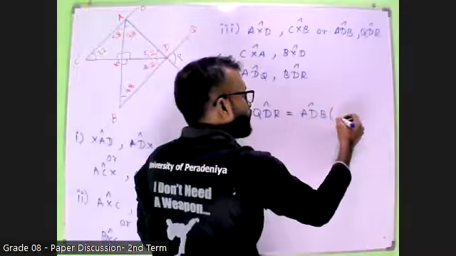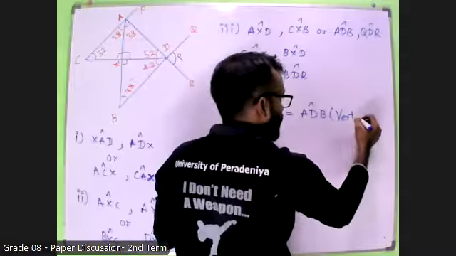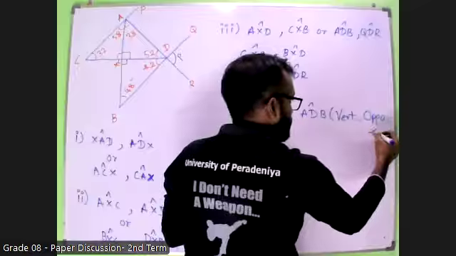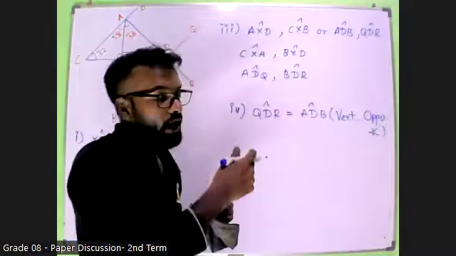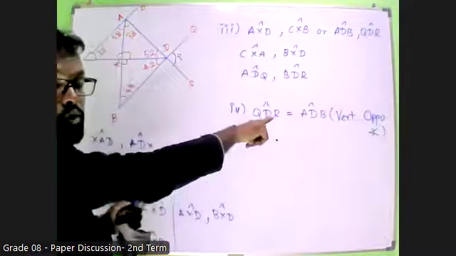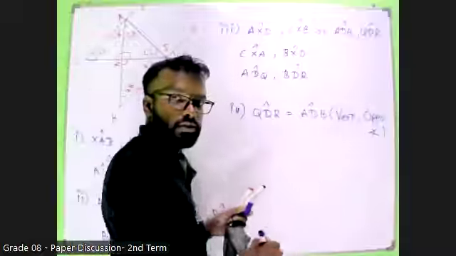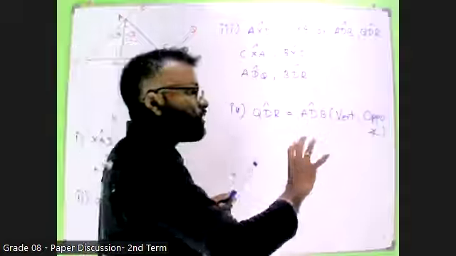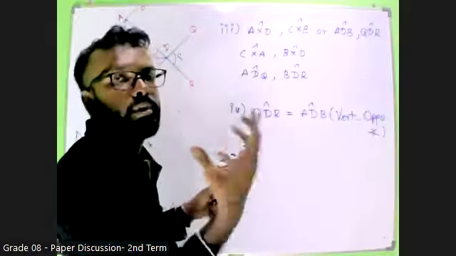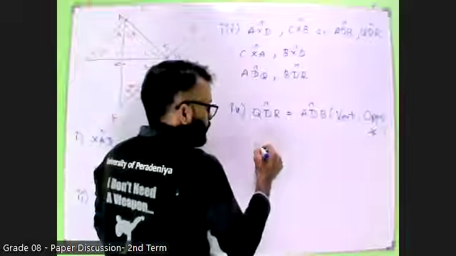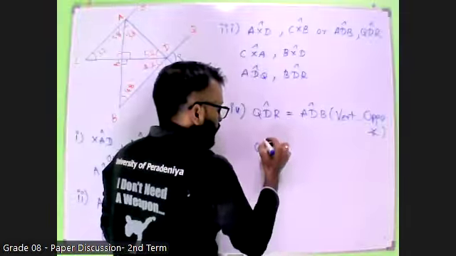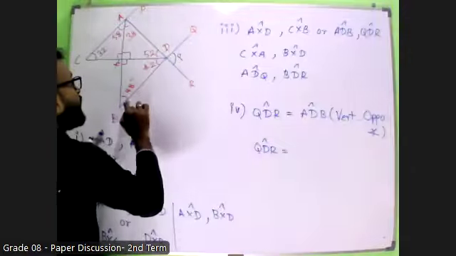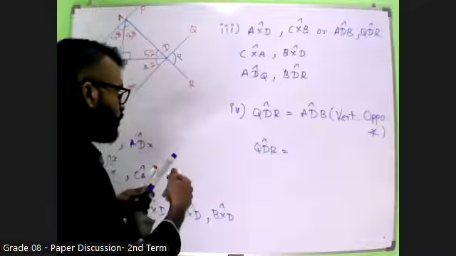You know these are vertically opposite angles, so you have to write the reason inside the brackets before you give the answer. That is why I am taking this. So QDR angle equals ADB angle. What is the magnitude of ADB? 52 plus 42.